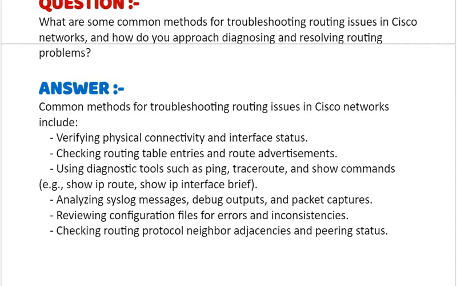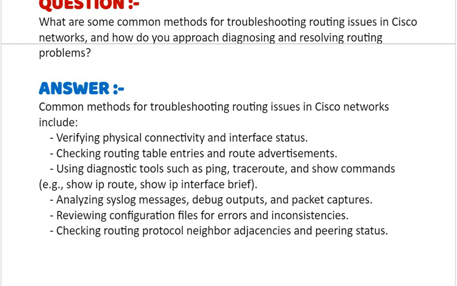Your answer should be: common methods for troubleshooting routing issues in Cisco networks include: first point, verifying physical connectivity and interface status. Next point is checking routing table entries and route advertisements. Next point is using diagnostic tools such as ping, traceroute, and show commands, for example, show ip route, show ip interface brief.